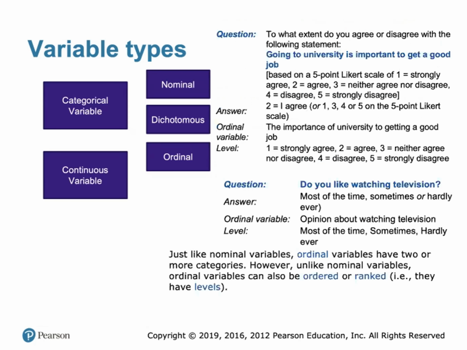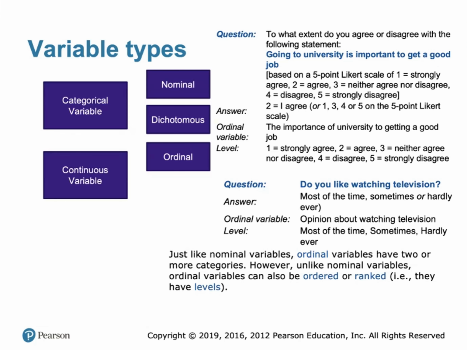So that is a little different. Just like nominal variables, ordinal variables have 2 or more categories. However, there is an order, a ranking, right? There are levels: high level, low level, medium level. So the first example, to what extent do you agree or disagree with the following statement? Going to university is important to get a good job.